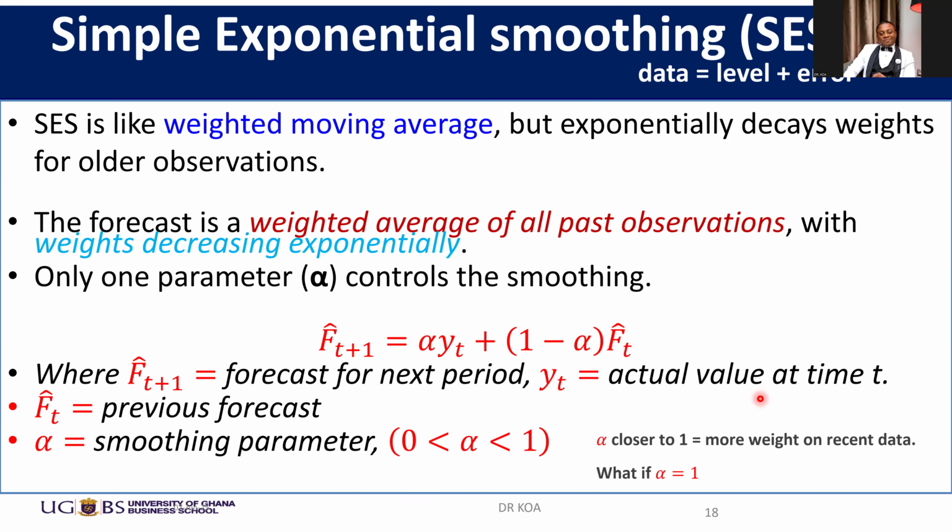Do you understand that part? Francisca, do you understand? Yes, Doc. I'm only asking whether you understand what I said. Yes, I do. Okay, so now my question to you is, what if the alpha is equal to 1? What does it mean?